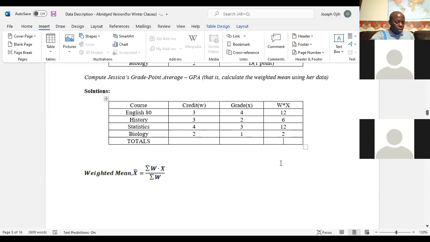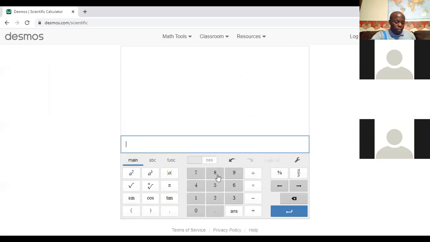Go to our calculator. So you have 12 plus 6 plus 12 plus 2, which is 32. So we go there and put 32.